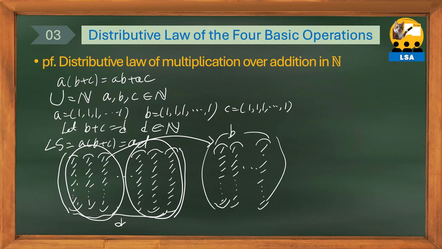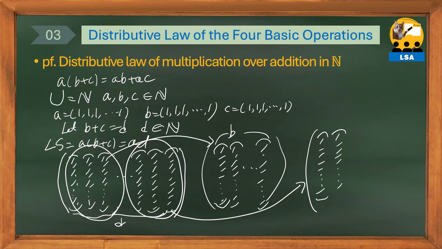We group the rest into another group, and this group is added C times. You understood, right?